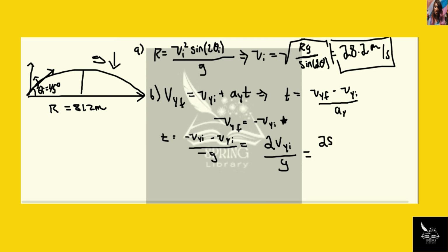So 2 times 28.2, being the velocity, times sine of 45, and divide this by g, which we can plug in at this point as 9.81. And you're going to get a t equal to 4.07 seconds.